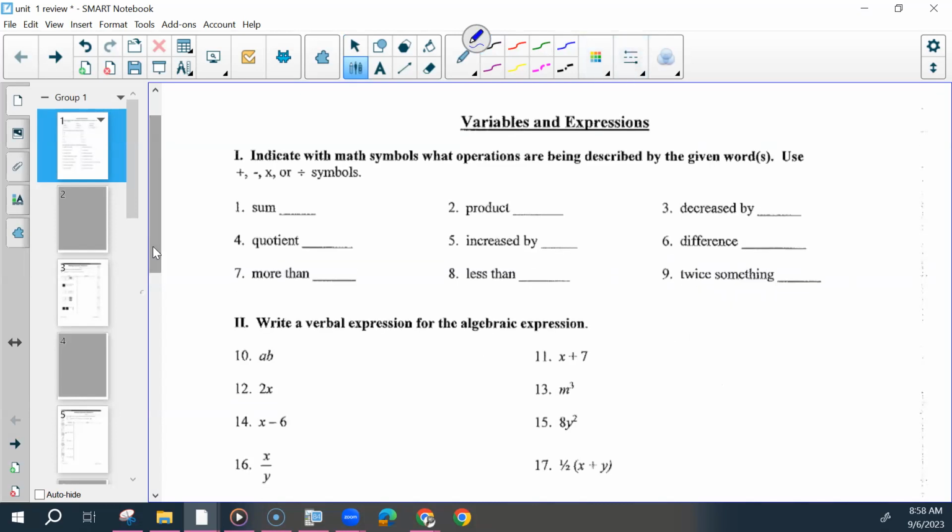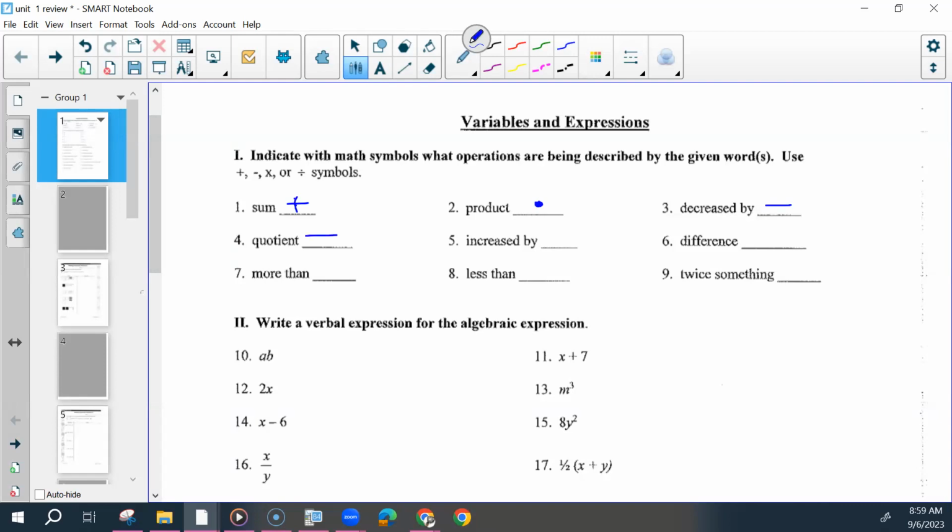Alright, so we have to label which of these operations go with these words. Sum is which one? Add. Product is which one? Multiplication, so I'm just going to put a dot. Decrease by. Subtract. Quotient.